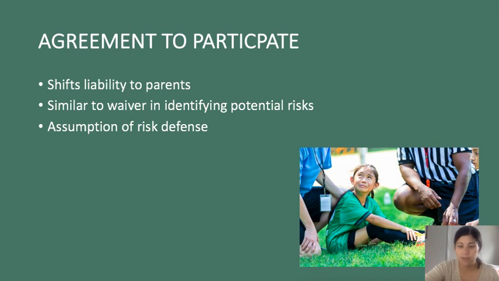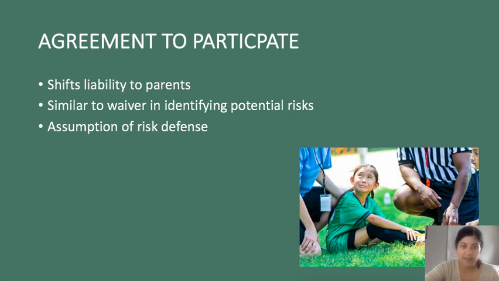We also know that a lot of states are not going to accept a waiver signed by a parent on behalf of a minor. So you might be thinking, well, what do we do if we work with kids? How are we protected? One alternative to a waiver in these situations is what we call agreements to participate.